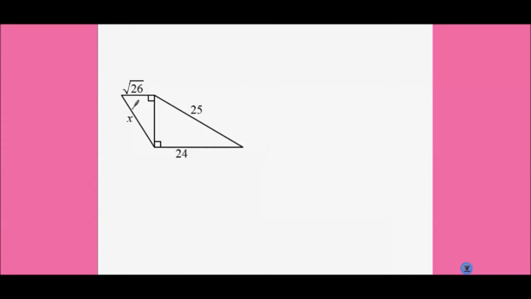In this one, it wants us to find x, but we don't know this side of that triangle. So I'm going to label that y, and we're going to need to find that first. So we're going to use this triangle here, and I'm going to highlight in pink. We're going to use that triangle first.